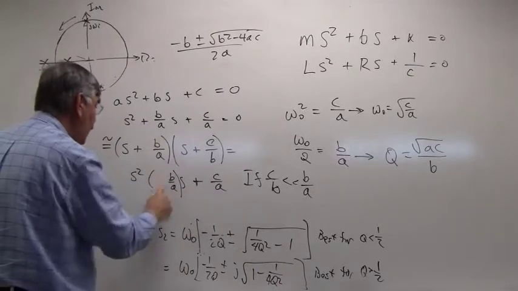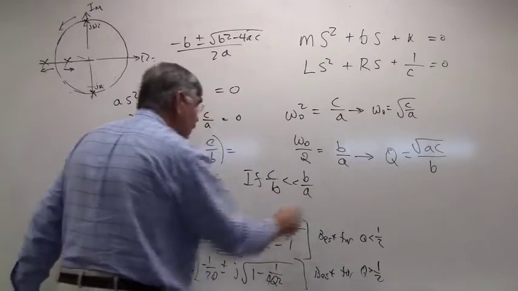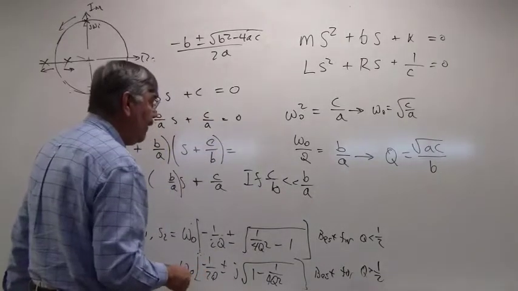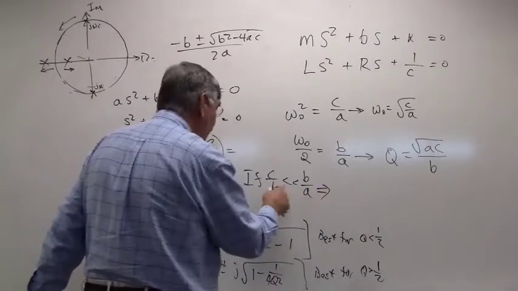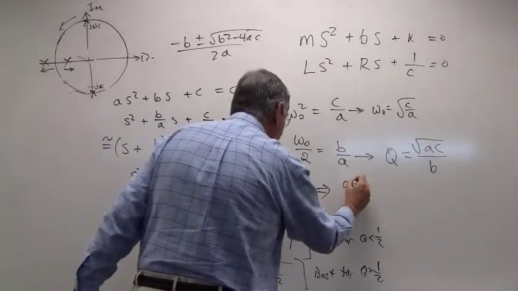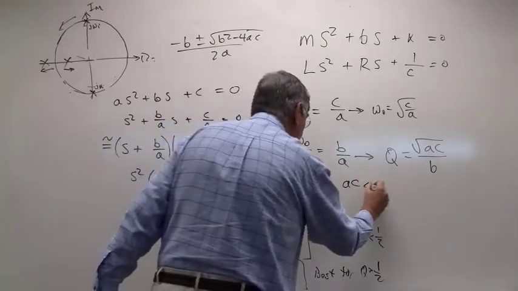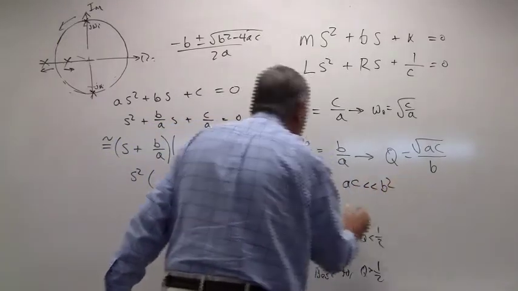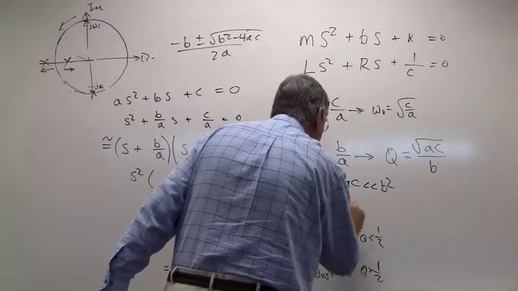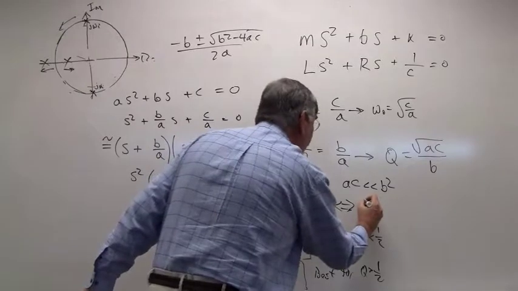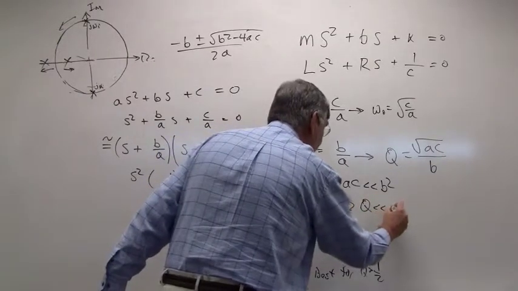So this is a good factorization if c over b is much less than b over a. If you multiply that out, this implies that ac is much less than b squared. And if we go back and find my definition for q, this is the same thing as q being much less than 1.